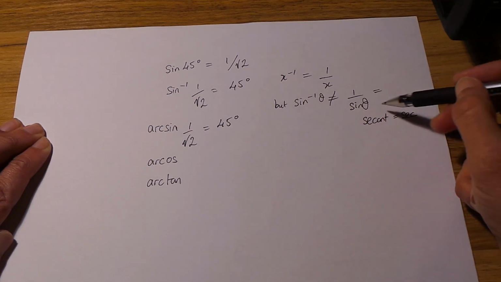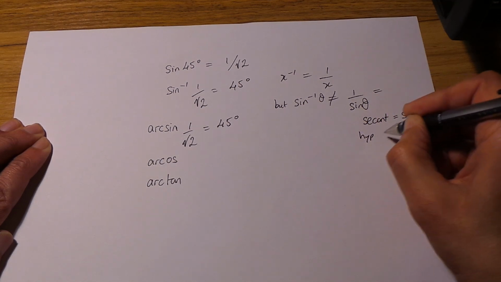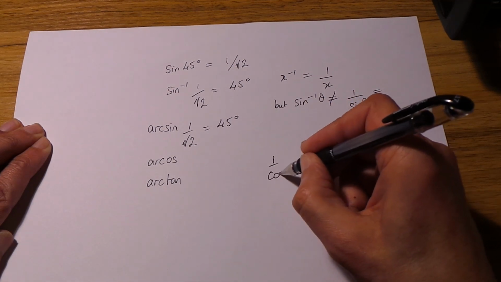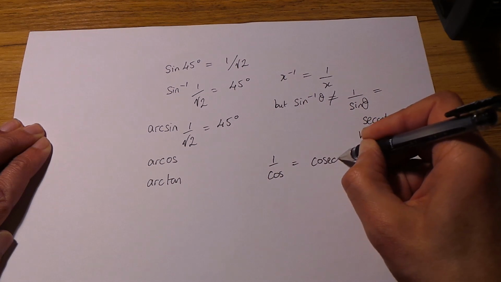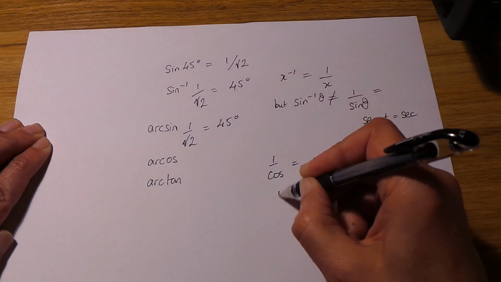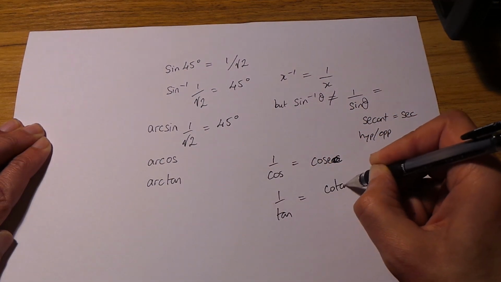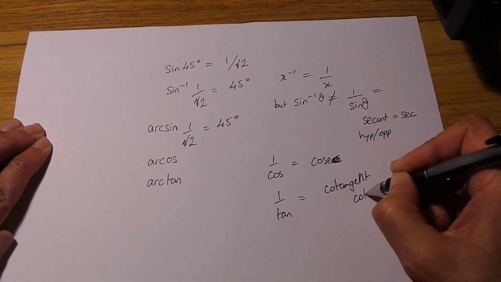So 1 over sine, which would be in a right-angled triangle, instead of the opposite over the hypotenuse, would be the hypotenuse over the opposite side. And 1 over cos, you'll sometimes see referred to as cosecant or cosec. And 1 over tan, you'll see written as cotangent or cot theta.